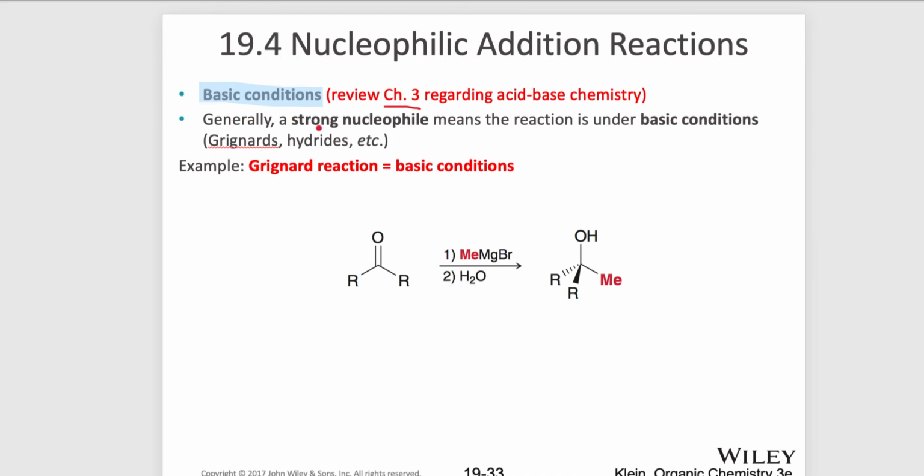In general, a strong nucleophile means that the reaction is under basic conditions, and there are 2 examples, Grignards and hydrides. I'm going to put in the Grignards here. Here's a carbonyl group, ketone or aldehyde.